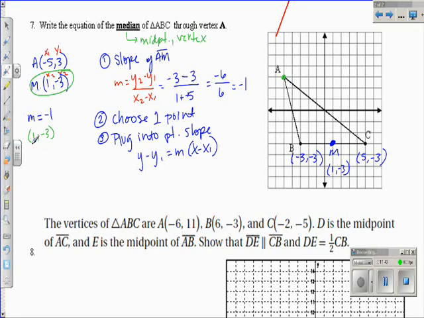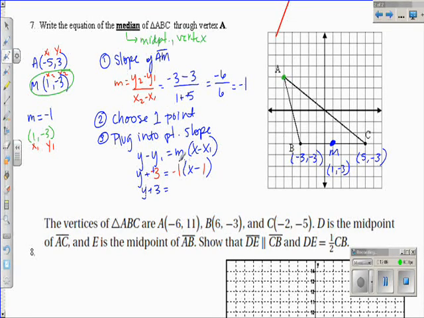So I'm going to go ahead and plug in. This is my x1, y1. So y minus y1 is -3 equals my slope is -1 times x minus x1 is 1. From here, I can go ahead and solve the equation. Minus a negative is plus a positive.